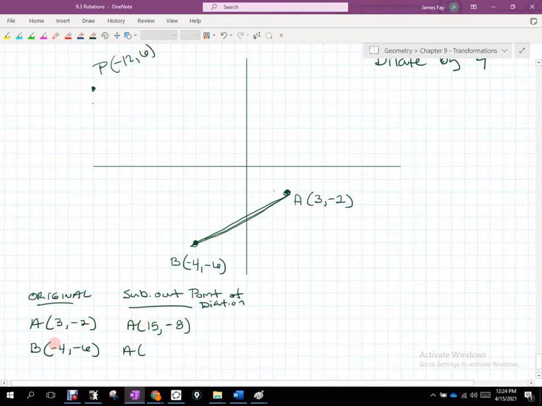Okay. What is negative 4 minus negative 12? 8, right? Negative 4 minus negative 12. That's negative 4 plus 12. It'll be positive 8. And now negative 6 minus 6. That'll be negative 12, right?